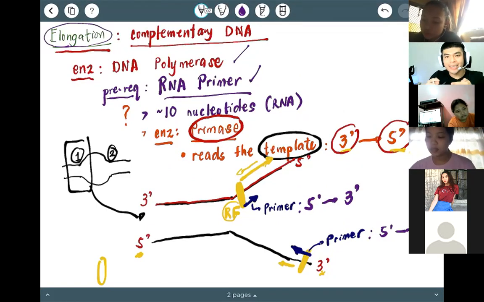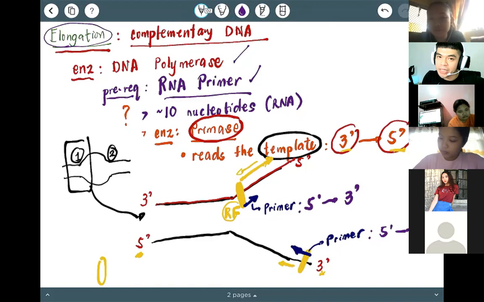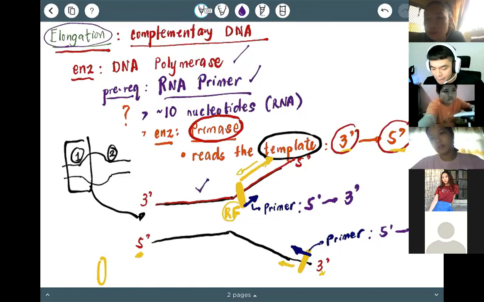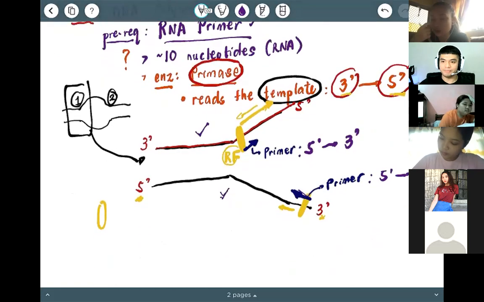Ang titignan niyang kokopyahan o template strand, ang direksyon ng template ay from 3' to 5'. Hahanapin niya saang strand yung 3' at saan yung 5'. Ang starting point niya ay 3', kaya dun siya didikit. And then yung complementary na gagawin niya ay anti-parallel. Kaya ang tendency sa unang strand sa taas, away from the fork siya. Kapag naman yung nasa baba, towards the fork. So yan ang importance ng RNA primer.